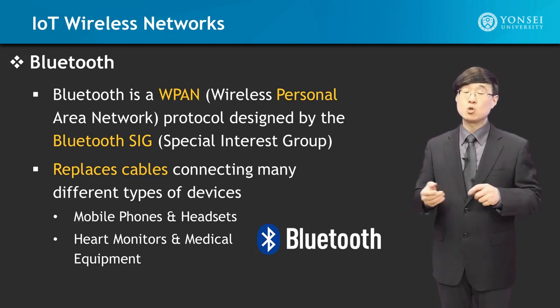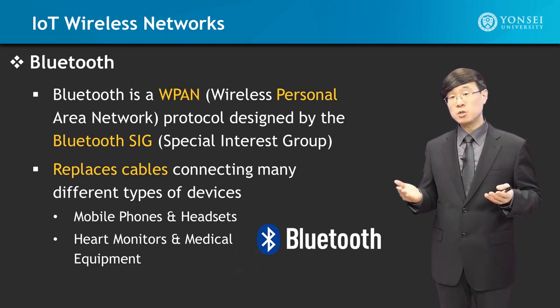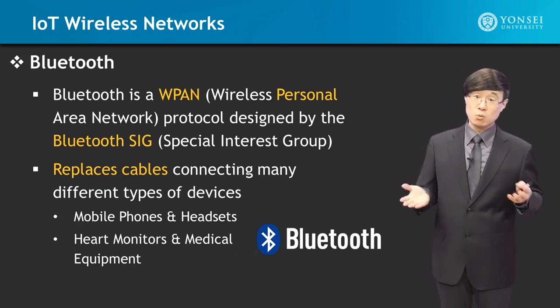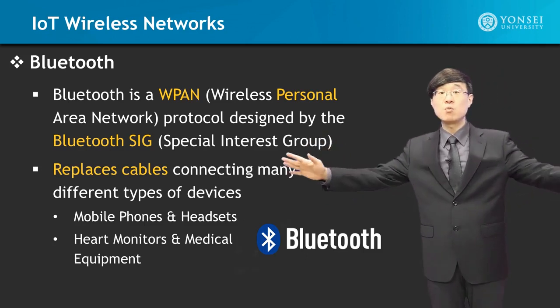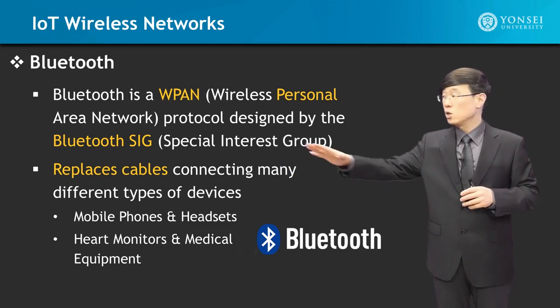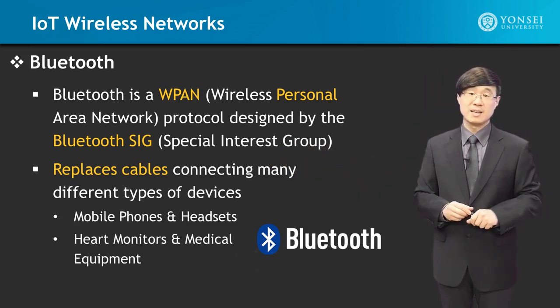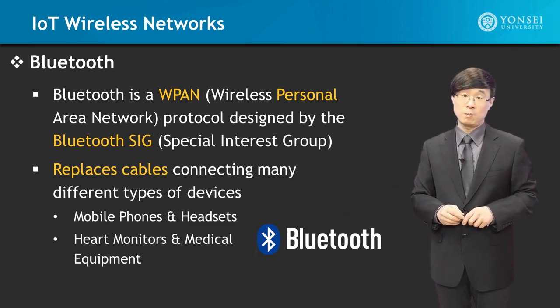Bluetooth typically replaces connections for short-range devices. Your personal area could be defined as when you're in a room and you see all the objects that are within reachable distance. You stand up, reach your hand, go a couple of steps, and you can touch that device. That is typically considered your personal area network.